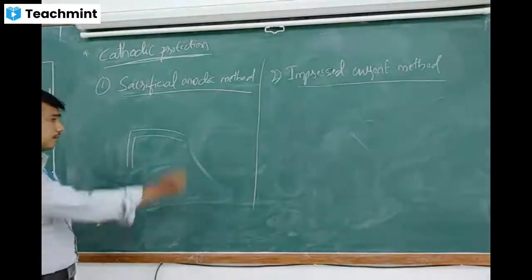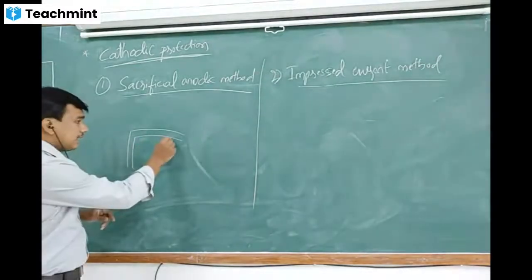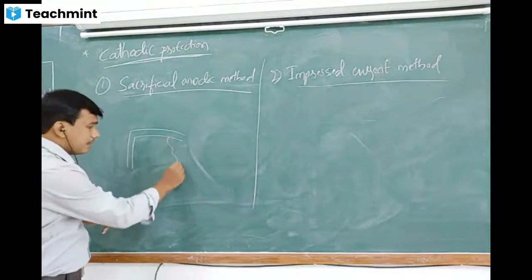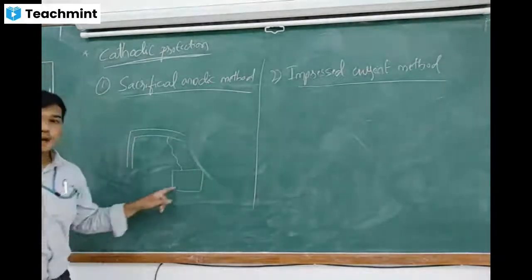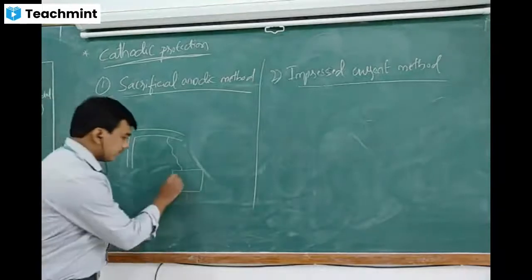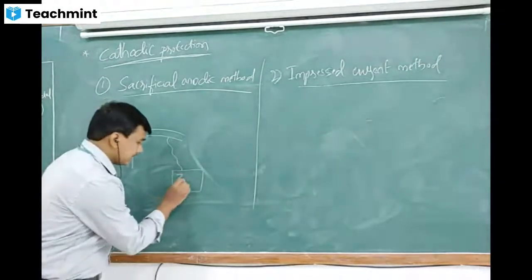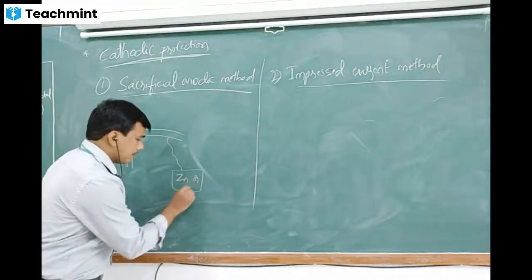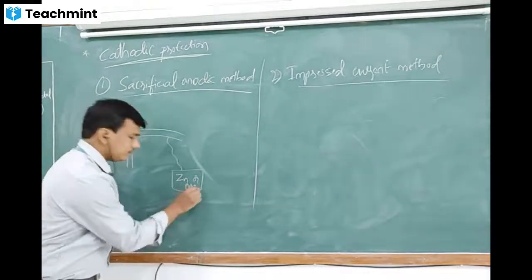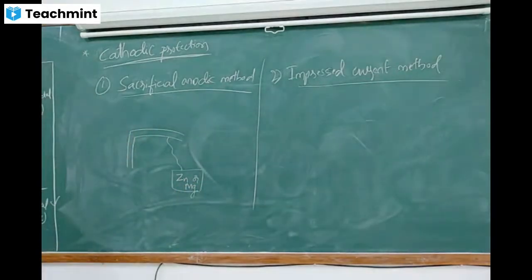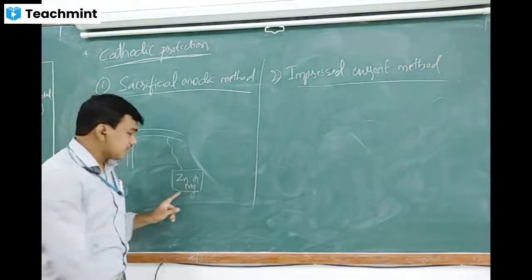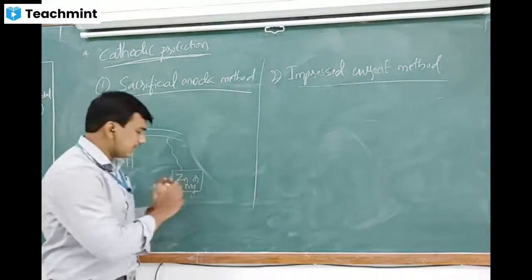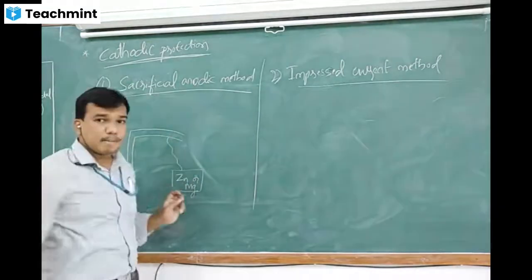What will I do? I will connect this iron pipe to an anodic metal, for example zinc or magnesium. I will connect a zinc or magnesium block to the iron pipe.